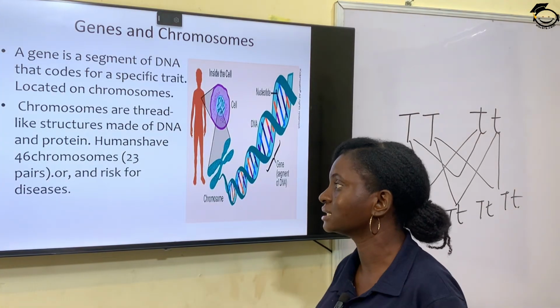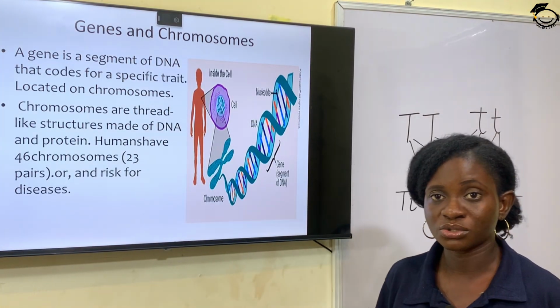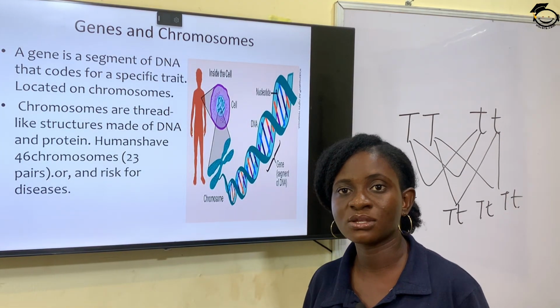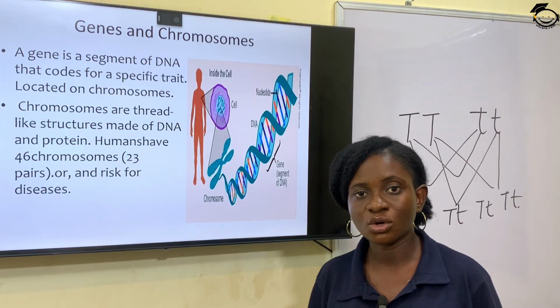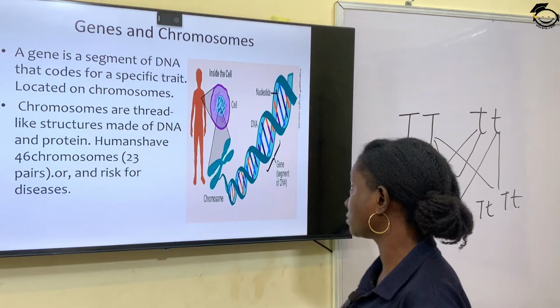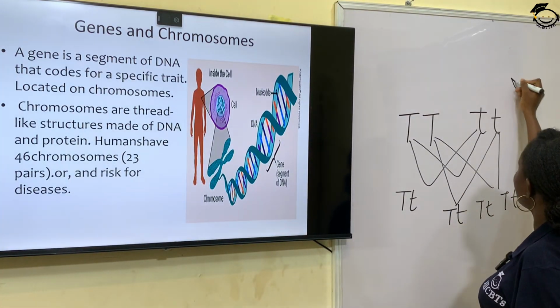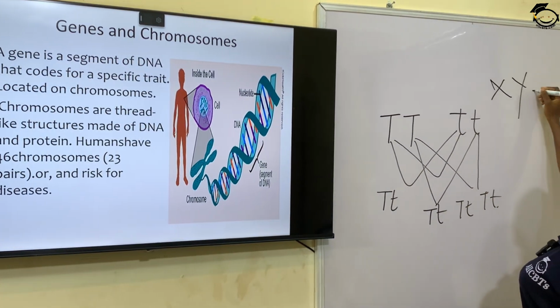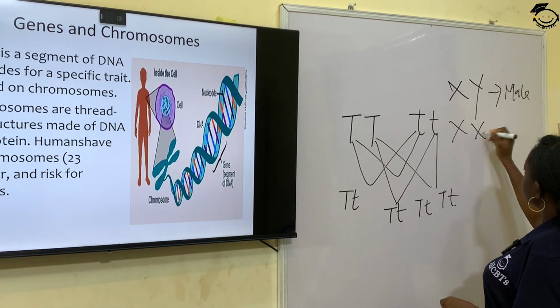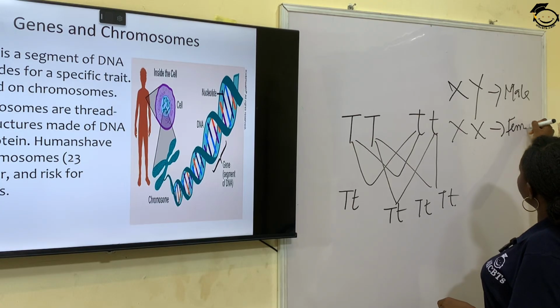In humans, there are 46 chromosomes. We have 23 pairs. 22 pairs of chromosomes are known as the autosomes, while one pair is known as the sex chromosomes. That's why we have XY for male and XX for female.